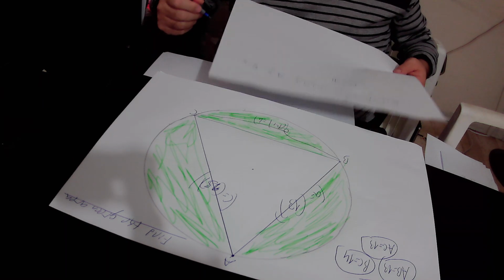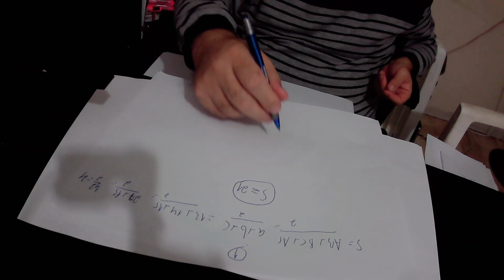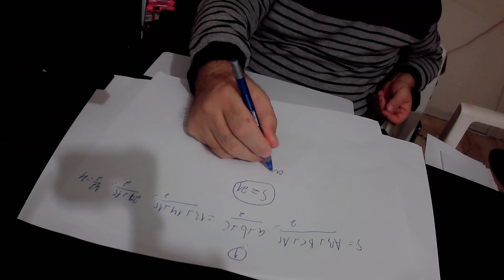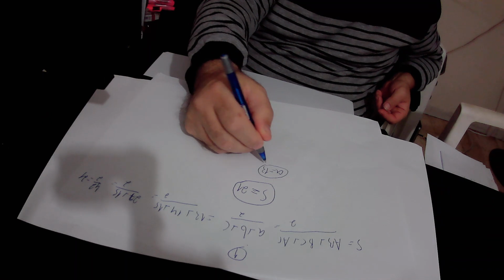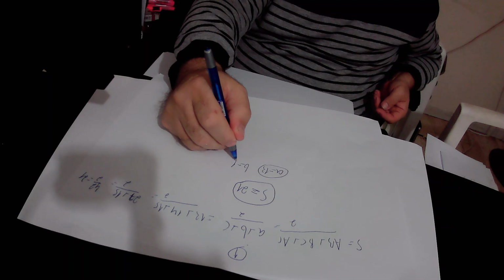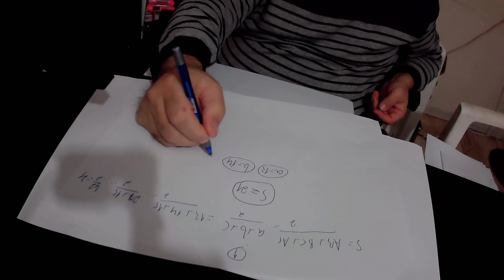And we have already found out that according to our definition, A equals 13, B equals 14, and C equals 15.